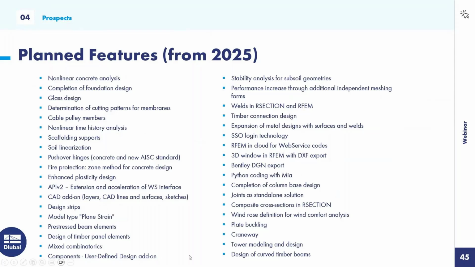Then the pre-stressed beam elements. That's the basis for pre-stressed concrete. The design of timber panel elements will be available. Then mixed combinatorics. It's the inclusion of several standards in one model.